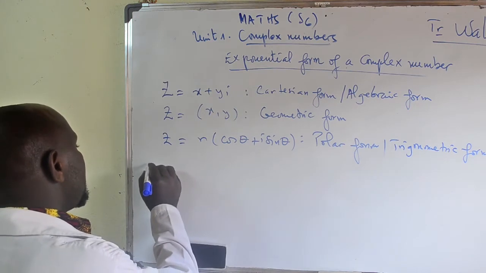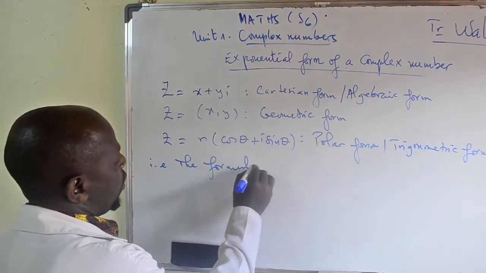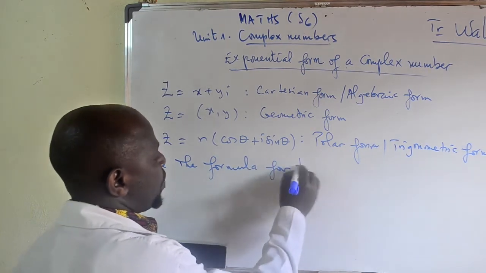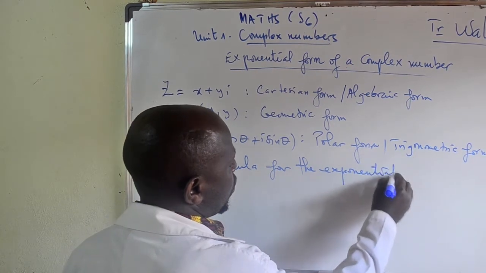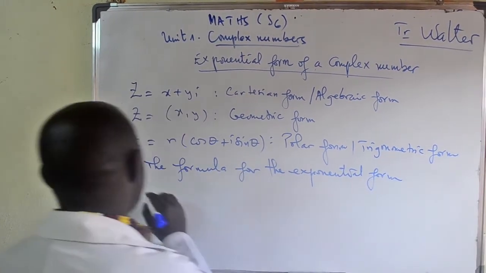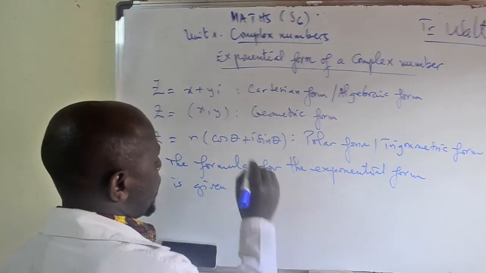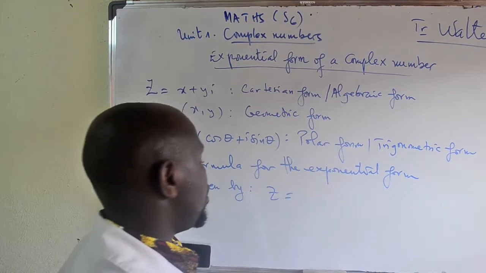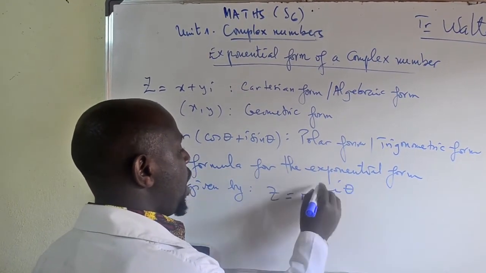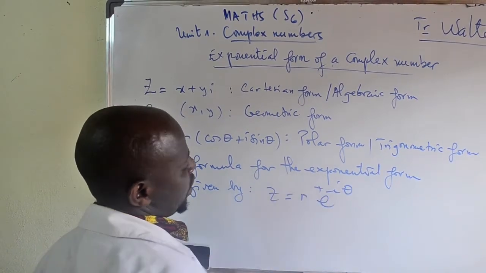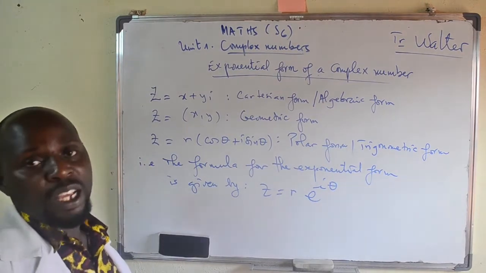So we shall see that the formula for the exponential form is given by z equal to r e to the power i theta. This is plus, so there is no need of putting this plus; if you leave it, it's fine, because theta is positive.